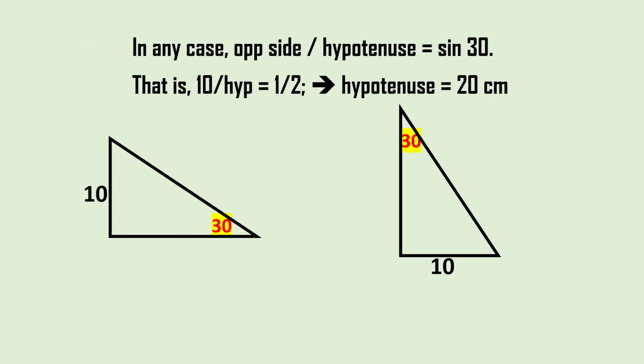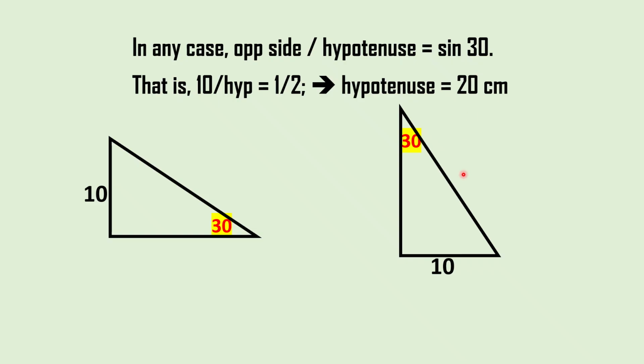So no matter which way you have drawn it, you may draw it this way or that way, anyone will do. Now 10 divided by hypotenuse, that is the shortest side, opposite side I should say, opposite to 30. If you are dealing with 30, then the opposite side divided by hypotenuse is sine 30.